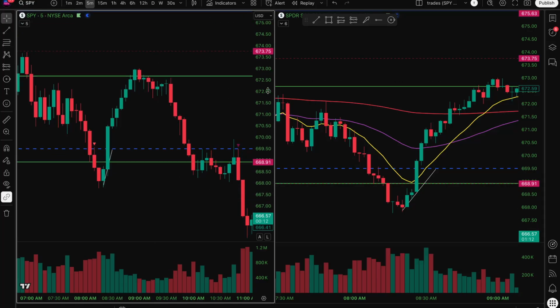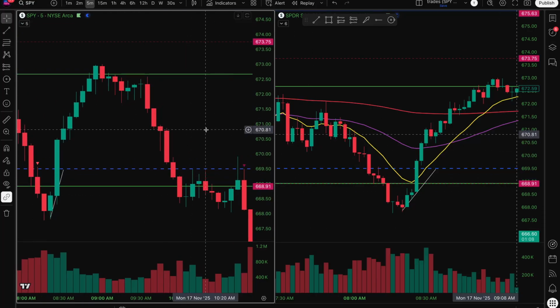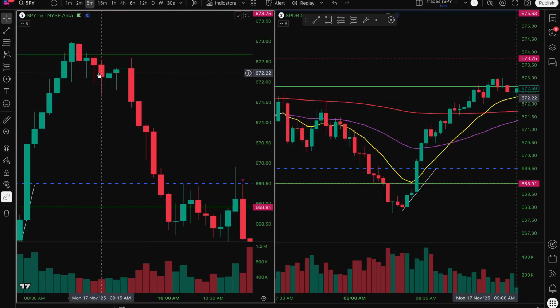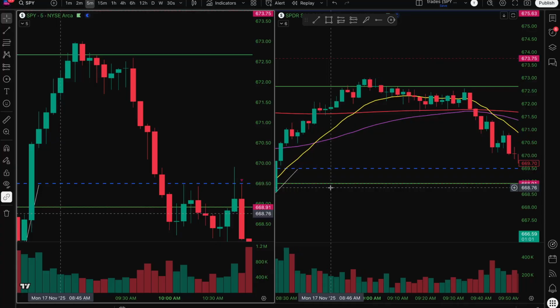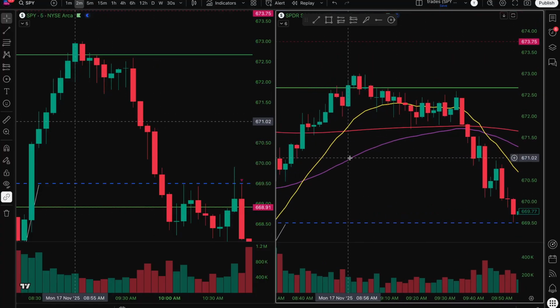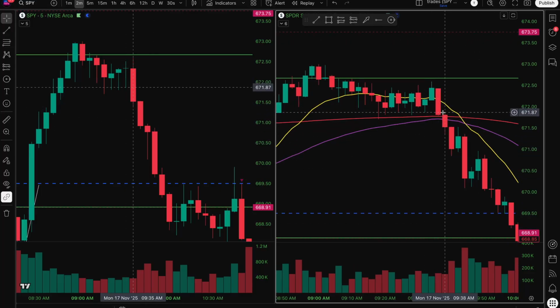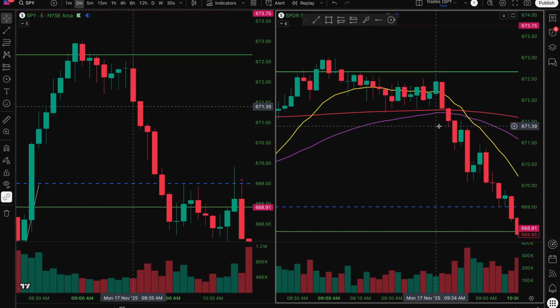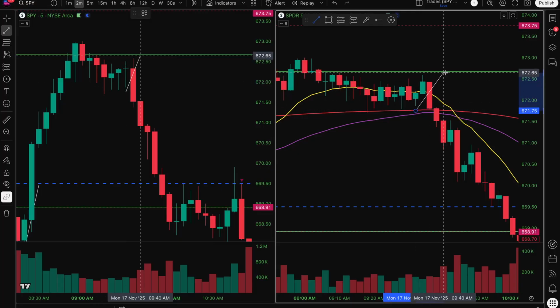So then we jump back to our 5-minute and our 2-minute. And pretty much what we want is just to break below the 200 to give us that confirmation to start looking for the puts. And then one big indicator would have been this right here.